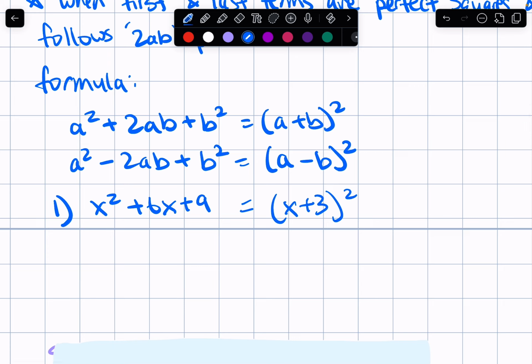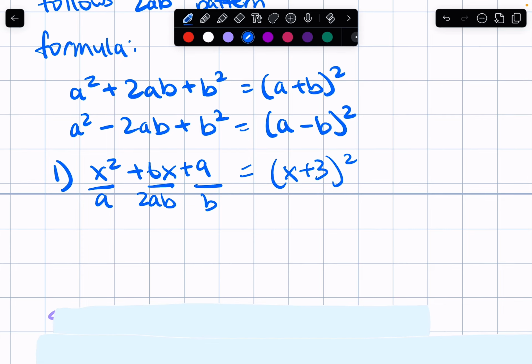So our first example, x squared plus 6x plus 9. This is our A term, this is our 2AB term, and this is our B term. Our A term is just x because x squared is equal to x squared, and our B term is going to be 3 because 3 squared is equal to 9.